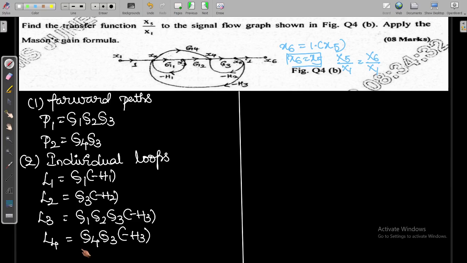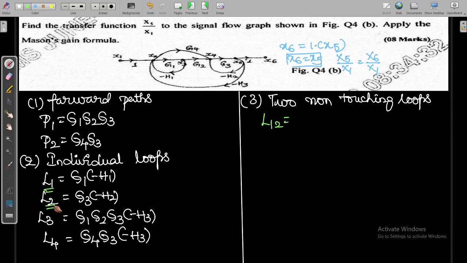So next, the third step is you have to identify whether there are any two non-touching loops. If you see, first compare L1 with L2. They do not have any common node, so you can write that as L12, that is one pair.